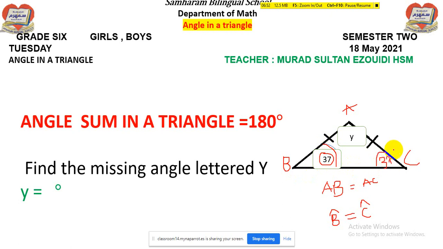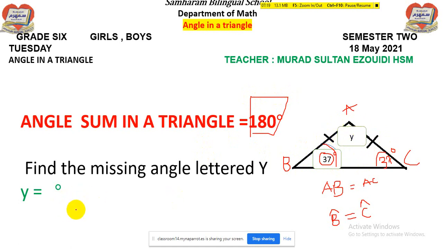So here I will use the fact that angle sum in a triangle is 180. This is the angle sum in a triangle. We'll make angle B plus angle C plus angle A equal to 180. I prefer to start from the known value or the variable y.